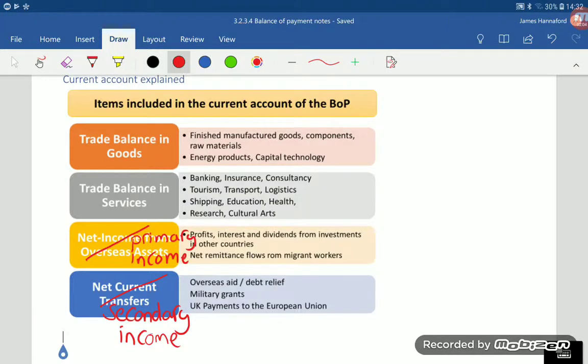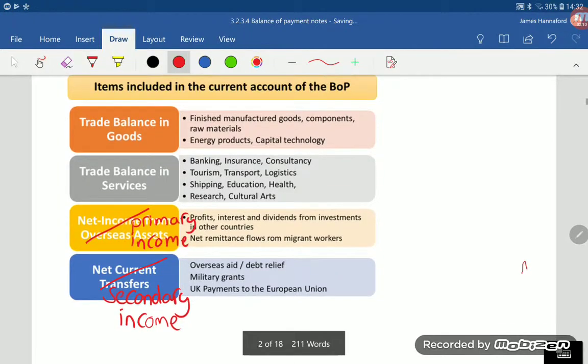This refers to overseas aid, debt relief, military grants, UK payments to the European Union. In other words, money is sent to a country or sent to the UK or from the UK, but there is no good or service received in exchange.